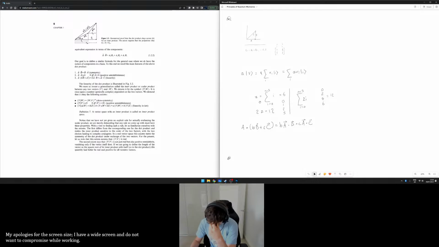We could say Z here plus Y is going to equal, was that A? Yeah, vector, sorry about that. Is going to be equal to Z dot product of B plus C.